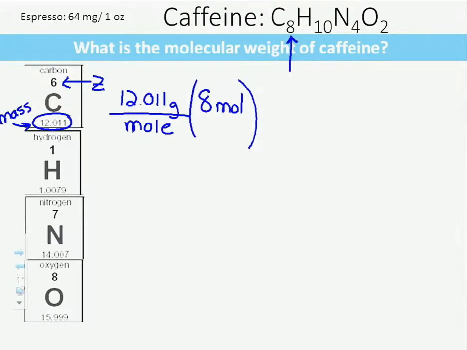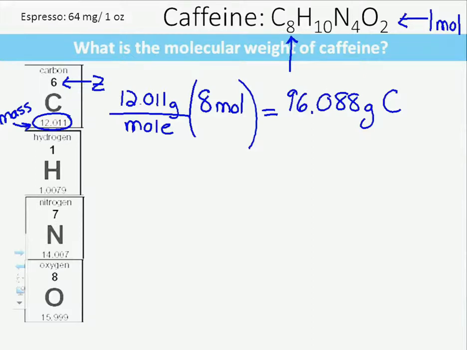I'm using mol as an abbreviation, short for mole. If we go 12.011 times 8 moles, we pull out our calculator and type that in, 12.011 times 8. That gives us a total of 96.088 grams of carbon.